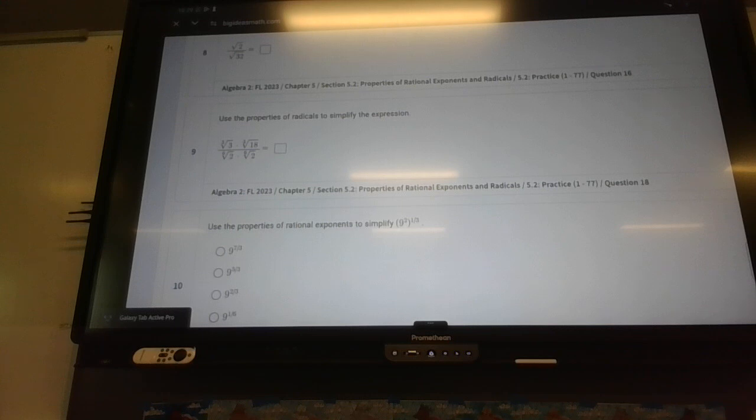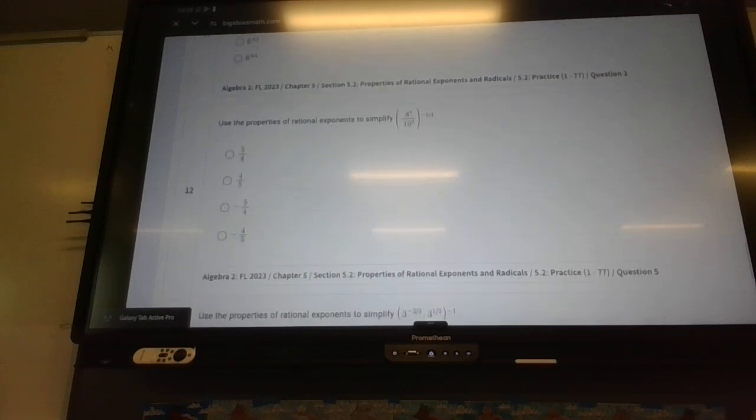Oh yeah, that's the really hard one. I did that at the end of class yesterday. You know what makes that one so difficult is it's a cube root and a 6th root. But I did it at the end of class yesterday. Yeah, I'm not going to do it again. Does anybody have a question about any of these I did not do?